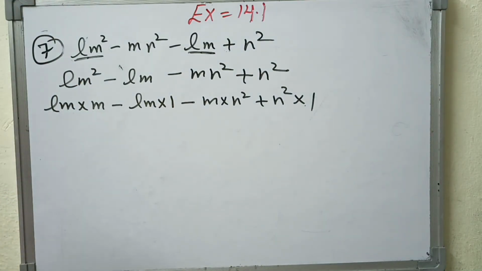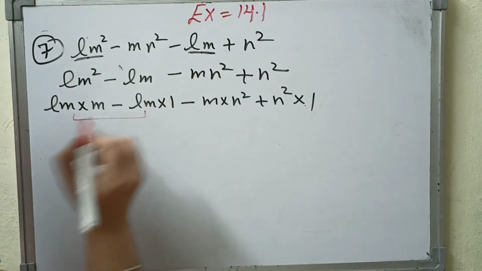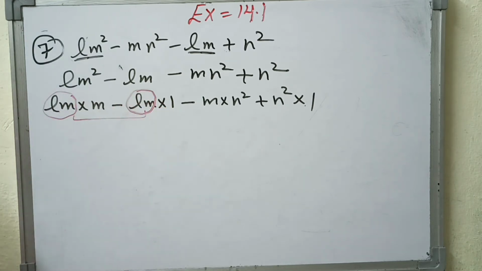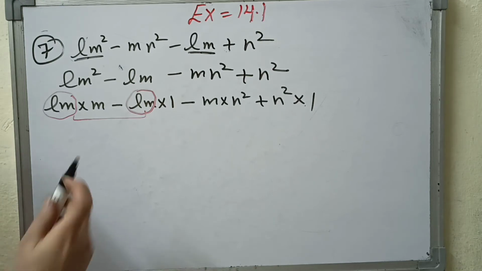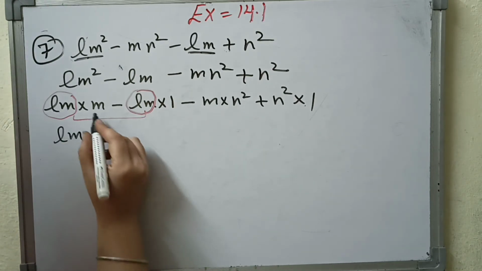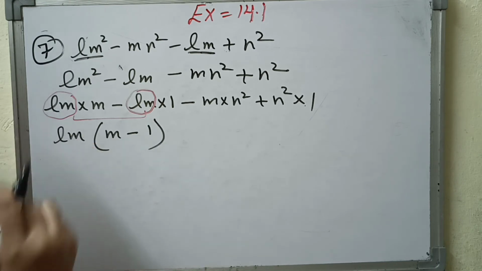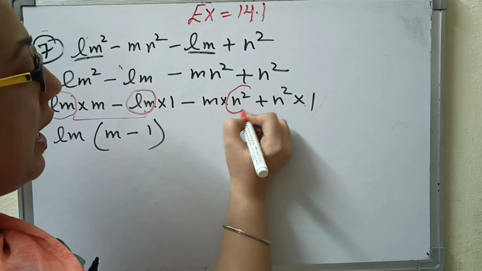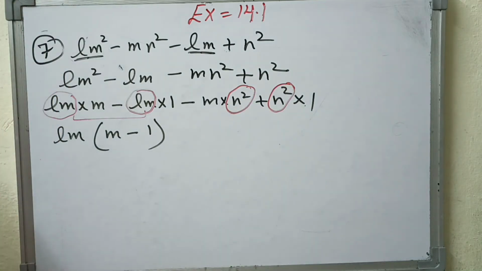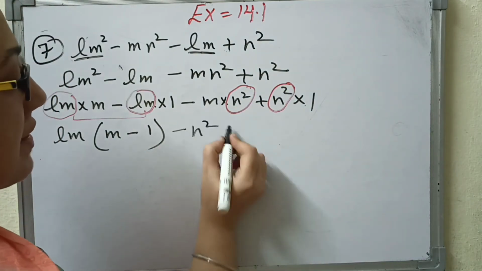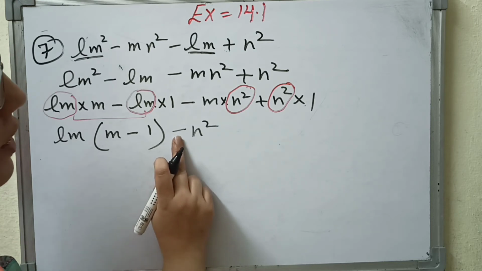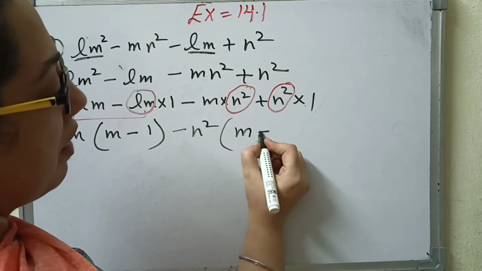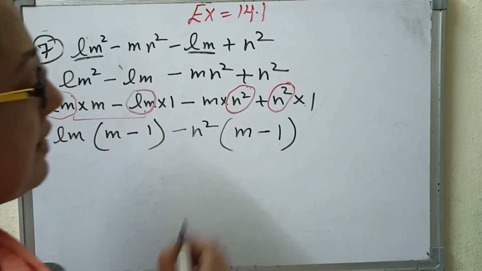Now consider these first two terms. Here lm is common in both terms, so I can write lm, and inside the bracket m minus 1 is left. Similarly, in third and fourth term n square is common, so minus n square, and when I take minus sign common, then inside the bracket the plus sign becomes negative, and here 1 is left.